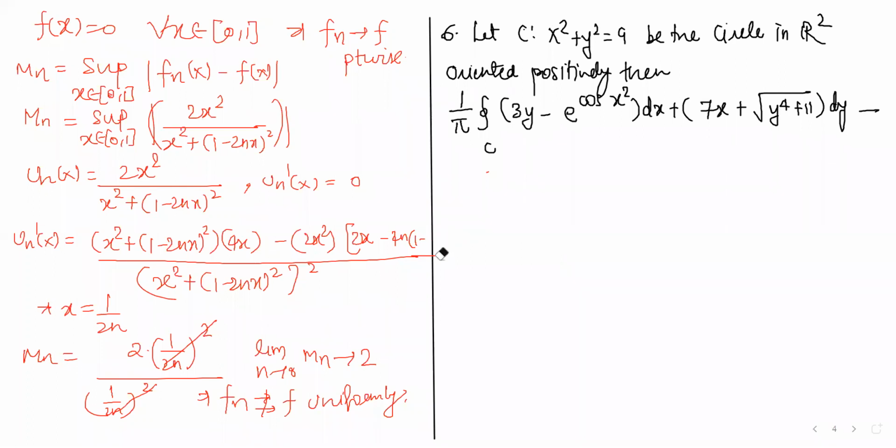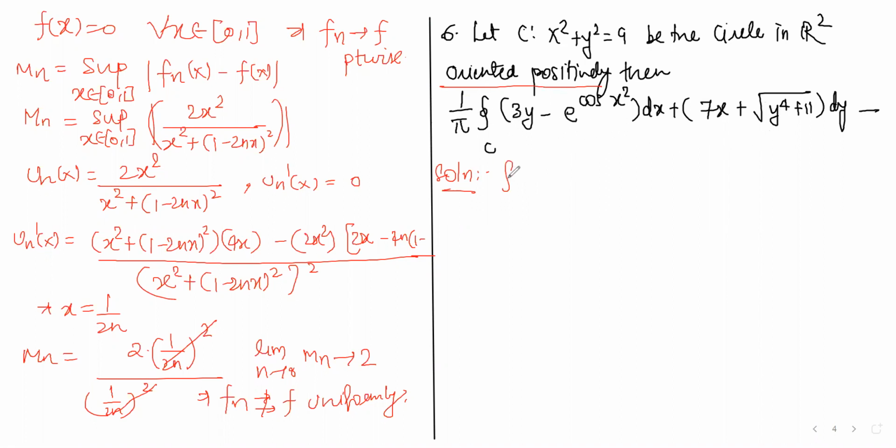Okay, I'll erase this part because it belongs to some different part. And here I have calculus. So let's handle it. If you look at this problem, it clearly shows that there is a curve x square plus y square equals 9, a circle in R2 oriented positively, counterclockwise. And here I need to find 1 upon pi times this big integral.